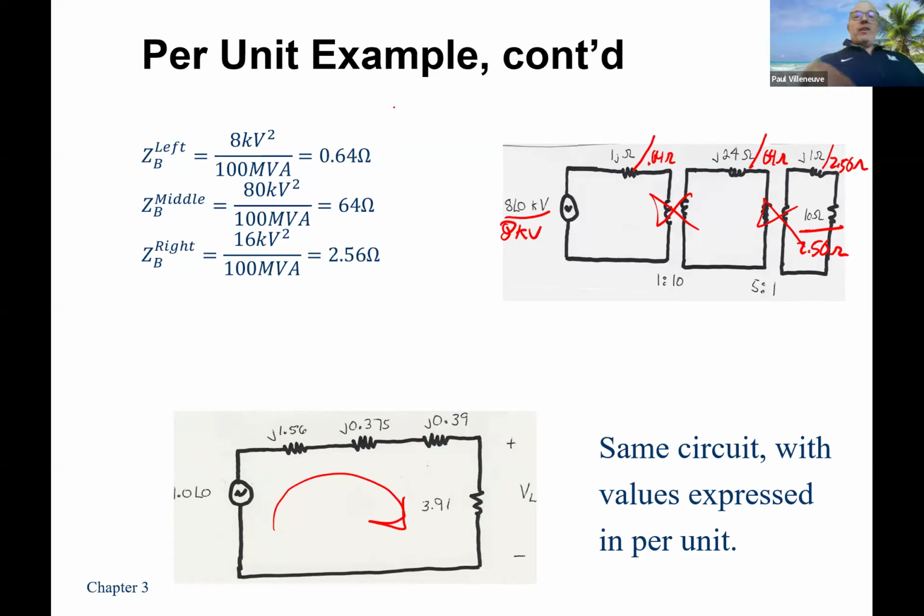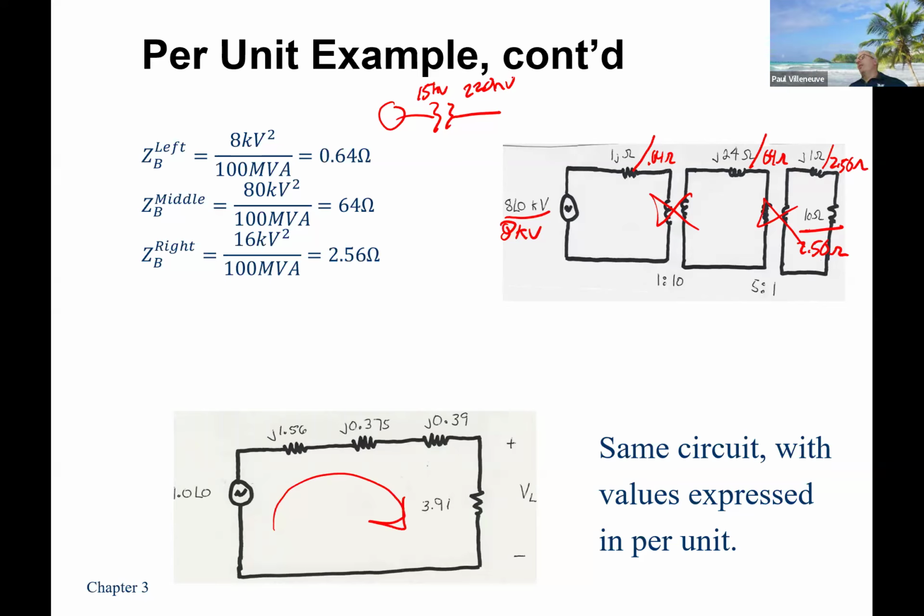Because the transformer that that generator connects to is rated 15 kV to, I don't know, 230 kV. So you might be back calculating the V base at that generator because you picked a V base quantity someplace downstream. So how do you pick the V base?